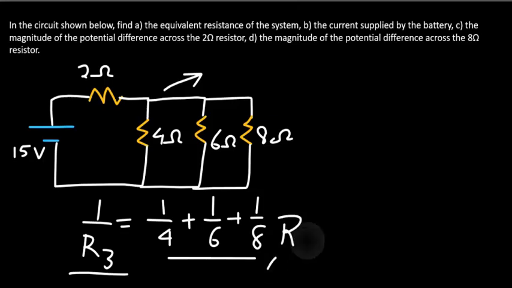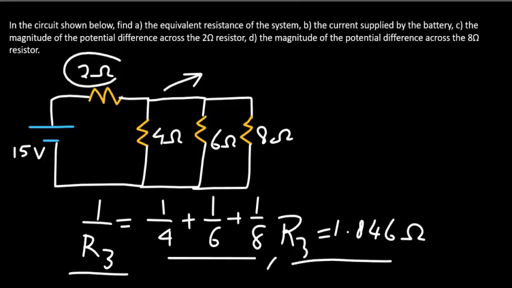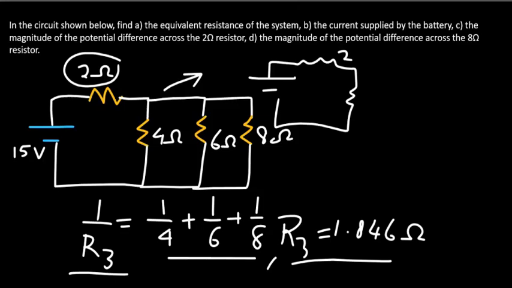That would give R3 as 1.846 ohms. To get the equivalent resistance of the entire circuit, now we have to combine this number with the 2 ohm resistor. So the circuit at this moment would look something like that. So this is the 2 ohm resistor and this is the R3, and both of them are in series.